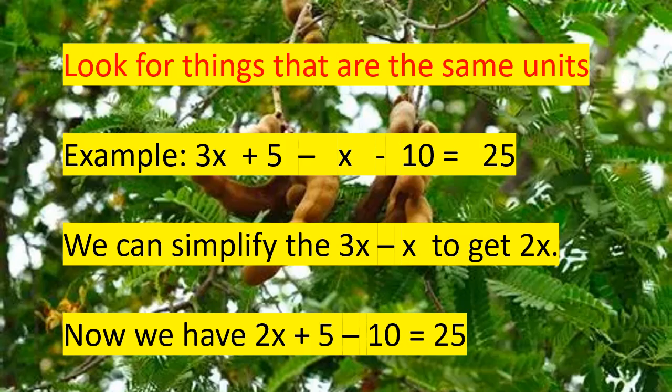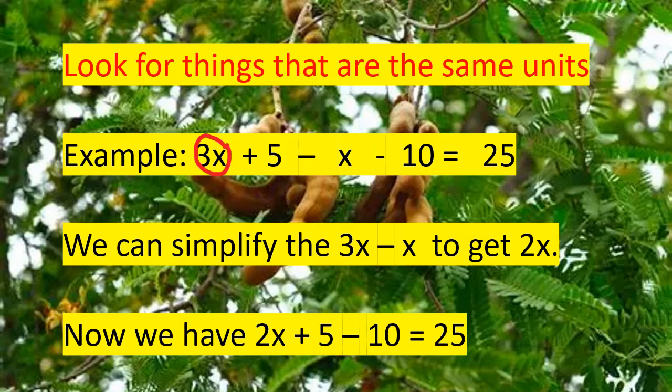We can simplify because we've got 3x and minus x. They're the same kind of units, they're x's. So 3x minus x, you get 2x. So now instead of 3x plus 5 minus x minus 10 equals 25, we have 2x plus 5 minus 10 equals 25.